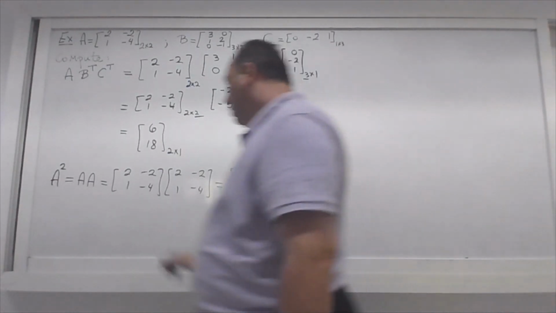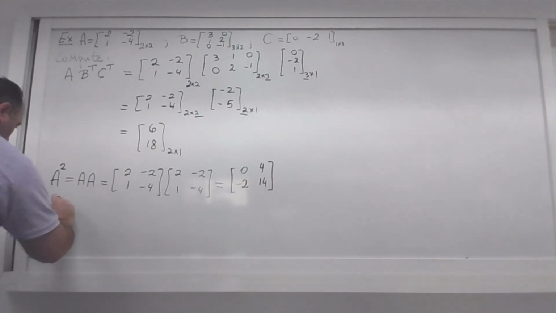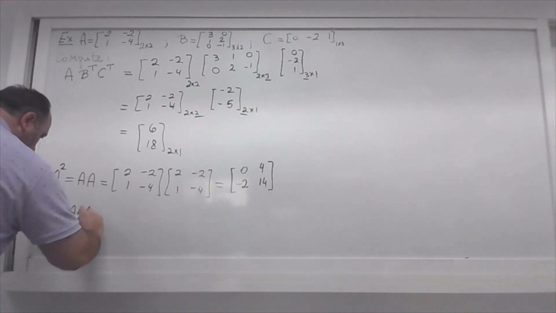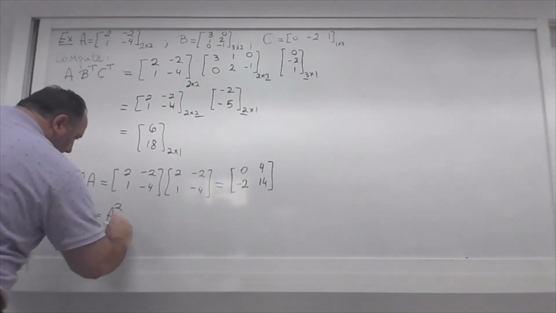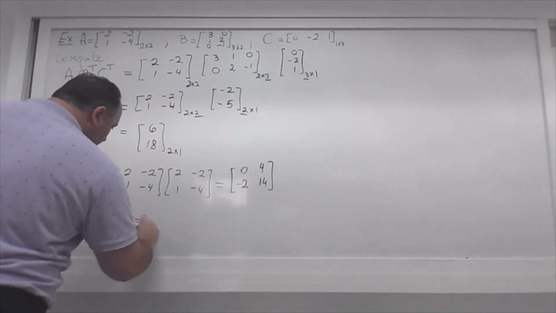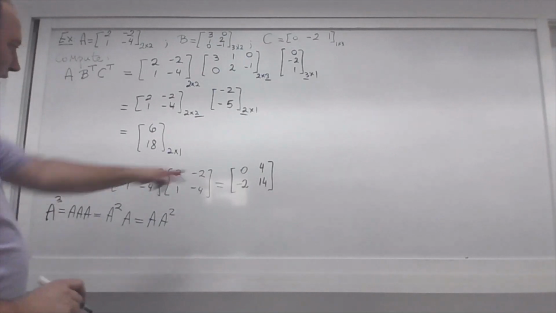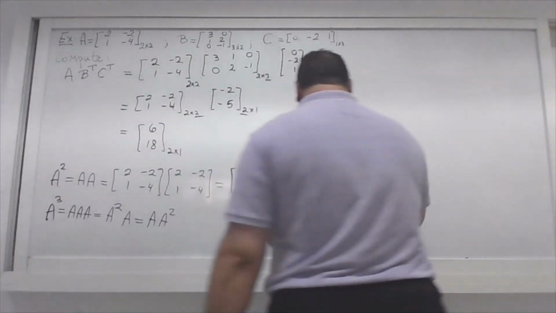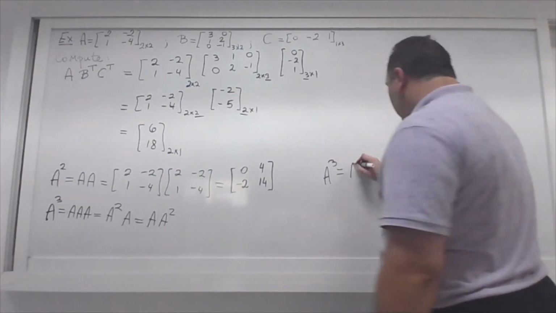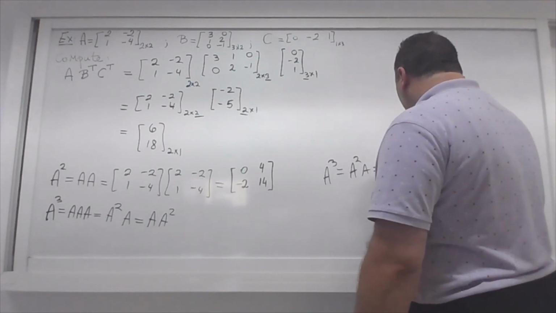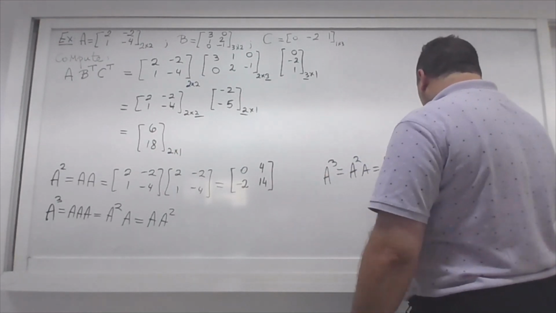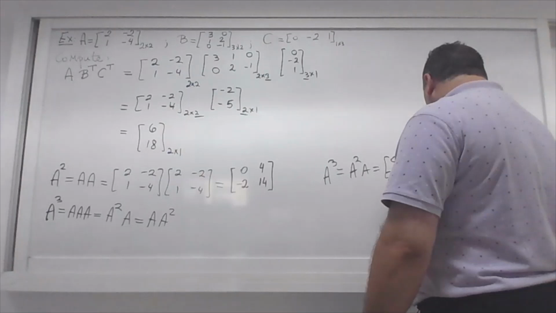A to the power 3 is A times A times A, which is A squared times A, which is also equal to A times A squared, doesn't matter. So here I have A squared, so A cubed will be A squared times A. So since I have A squared, I'll use it just to see what happens.